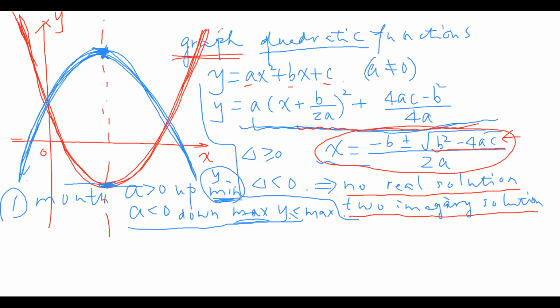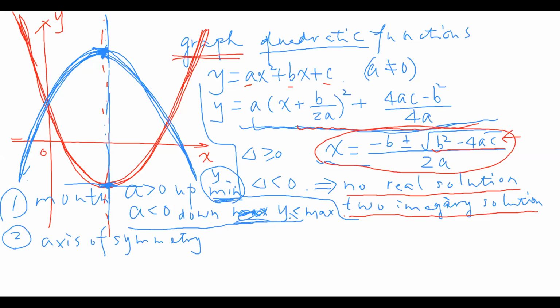That is the first point. Second, these parabola curves are symmetric. They have a central line, which we call the axis of symmetry.